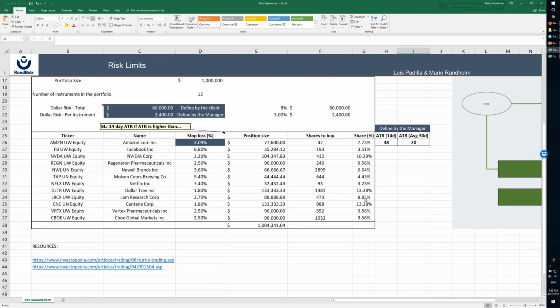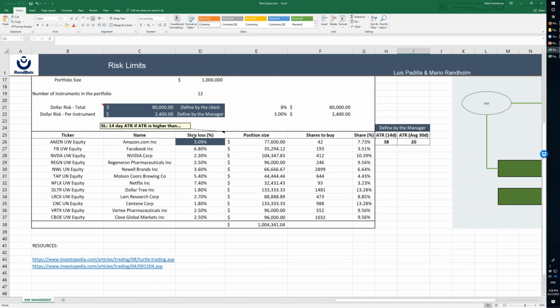The way the system calculates the stop loss is quite simple. We take the ATR in 14 days and the ATR average of 30 days of every single stock, updated every single night.